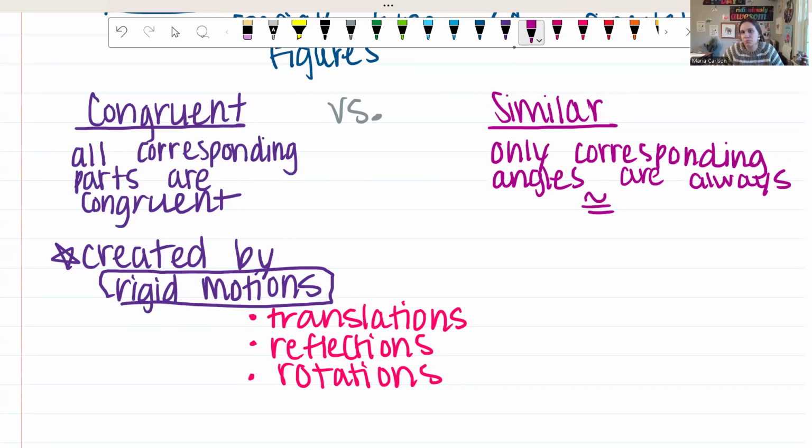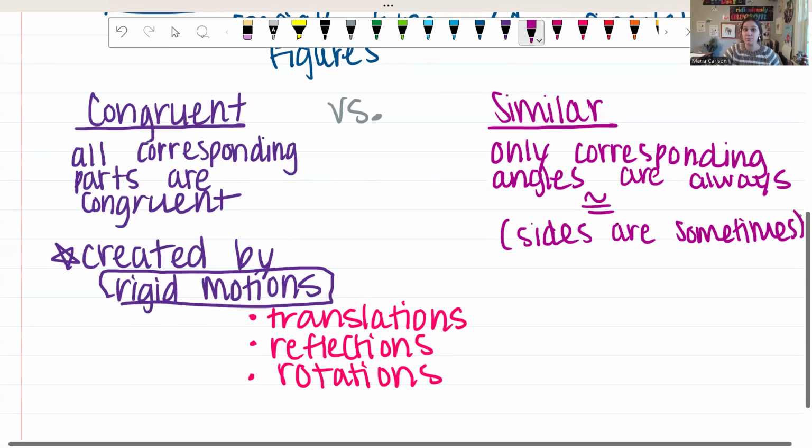And the sides might be proportional. So corresponding angles are always congruent, and the sides are sometimes, not all the time, but they just need to be proportional.